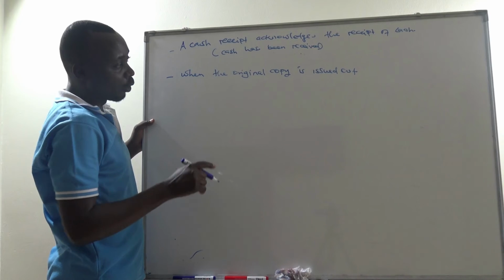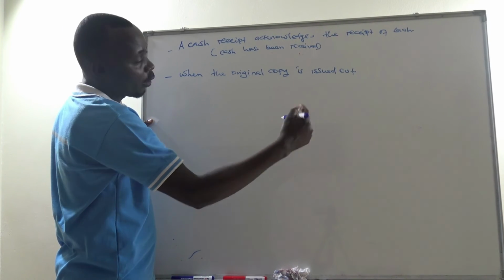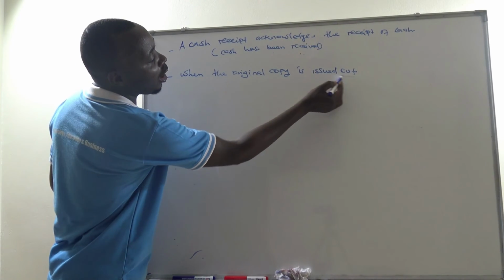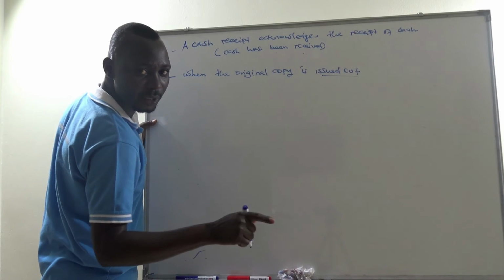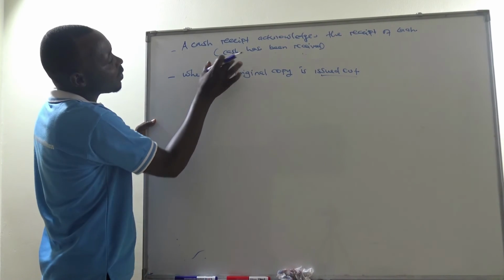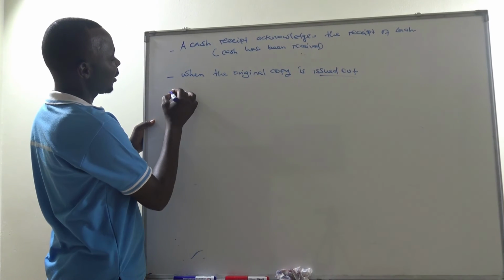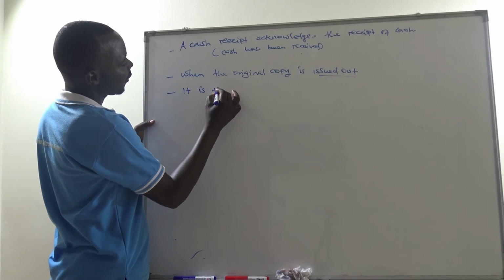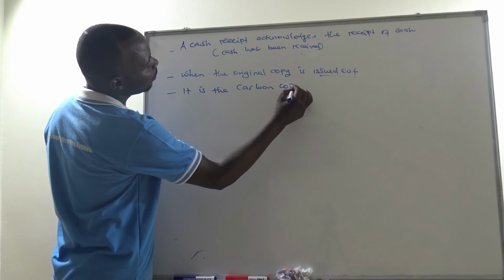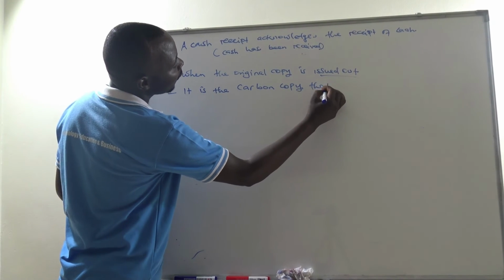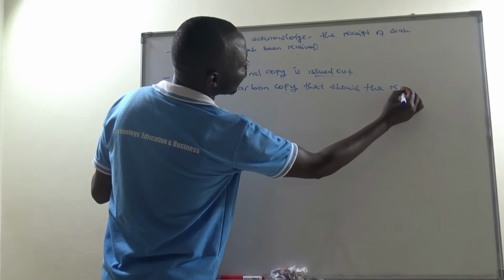Remember, you can also pay cash. So when you pay cash, you will not issue out the receipt. It will now be you to receive a receipt. So what shows that cash has been received, if at all you have been paid? It is the carbon copy that shows the receipt of cash.